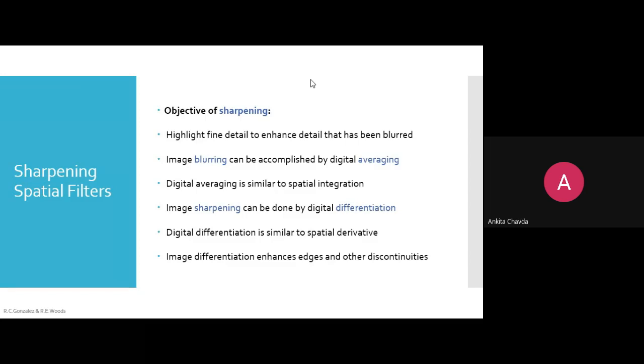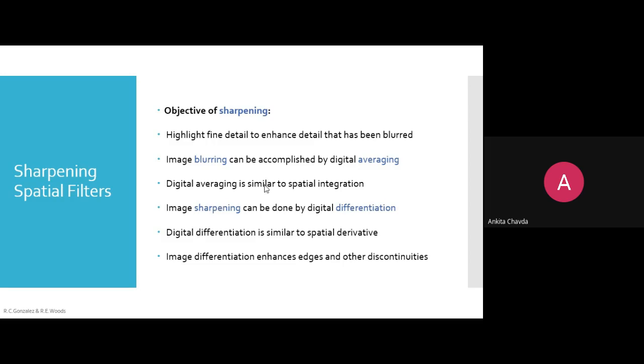So to enhance the details which are blurred, that is the main objective of sharpening. Image blurring can be accomplished by digital averaging, right? And digital averaging is similar to spatial integration. Now for image sharpening, what do we need to do? We have to apply differentiation.